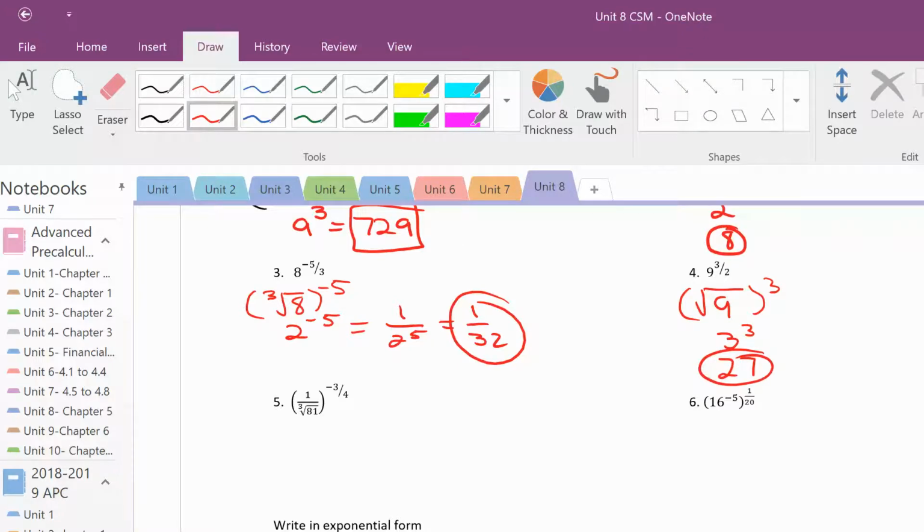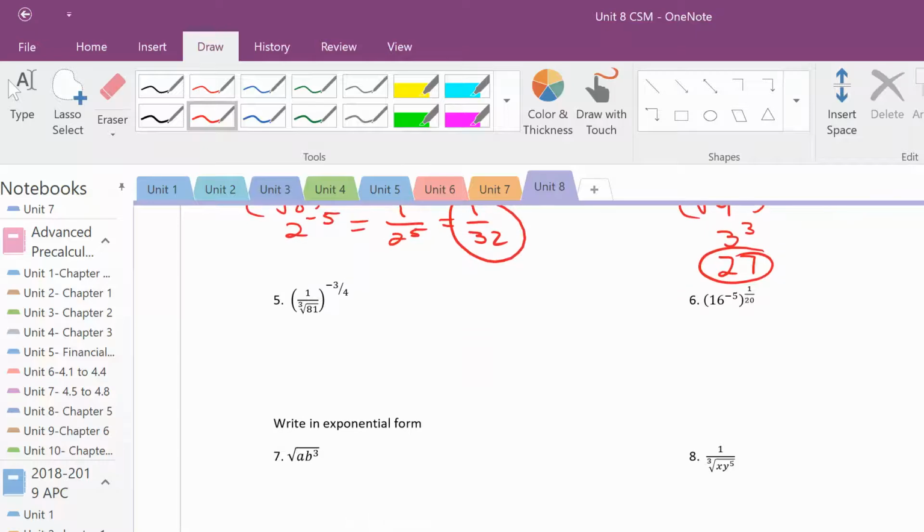So here, 1 over the cube root of 81 to the negative 3/4. Well, so that makes it 1 over 81 to the 1/3 power to the negative 3/4, which means that this is the same as saying 81 to the negative 1/3 raised to the negative 3/4.